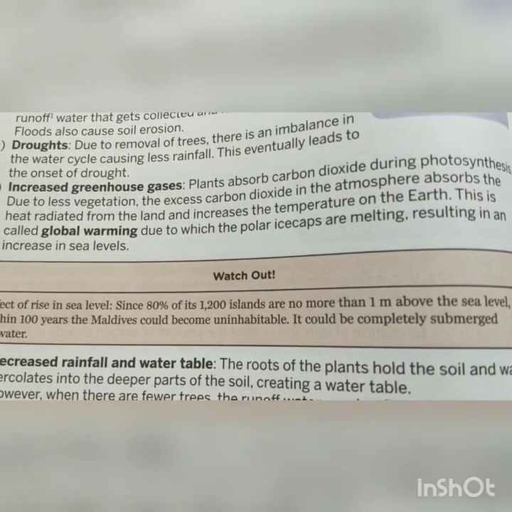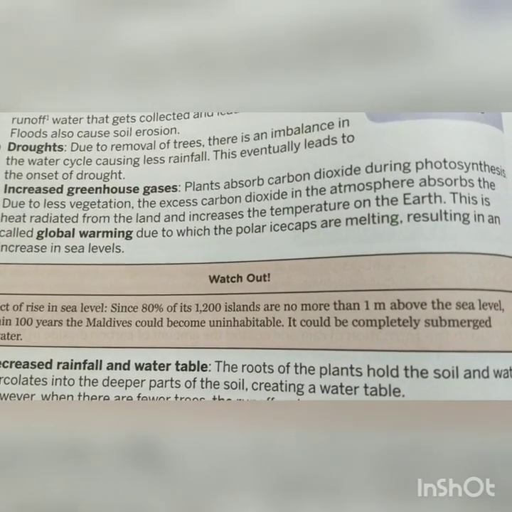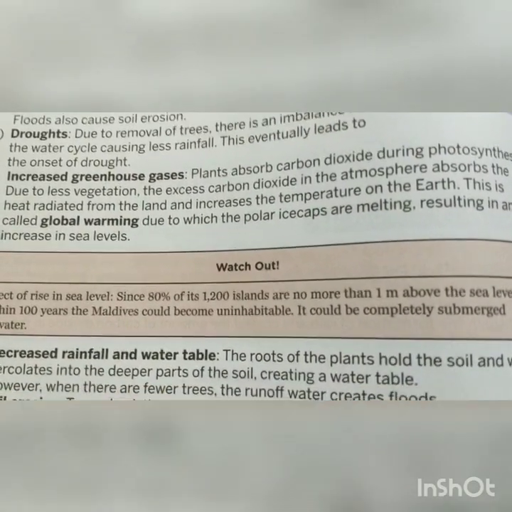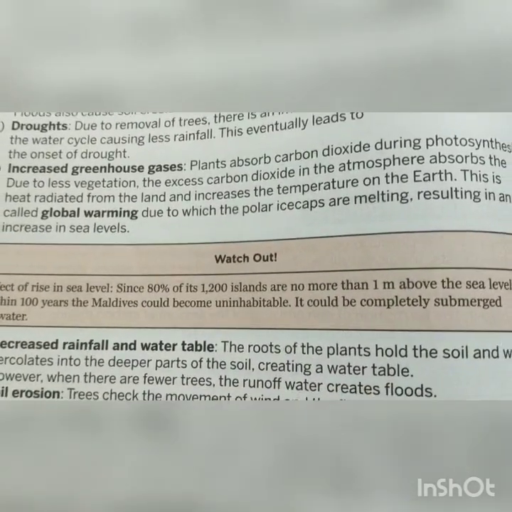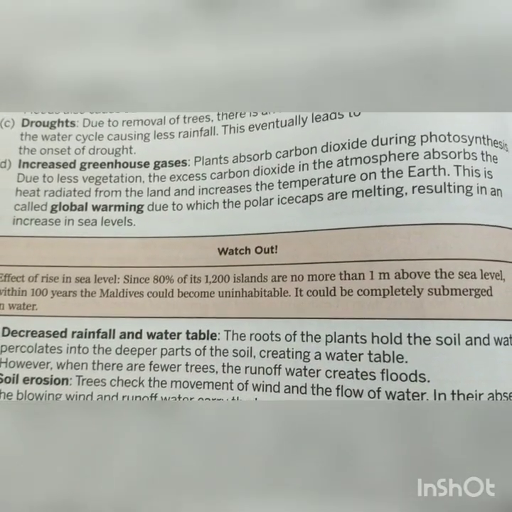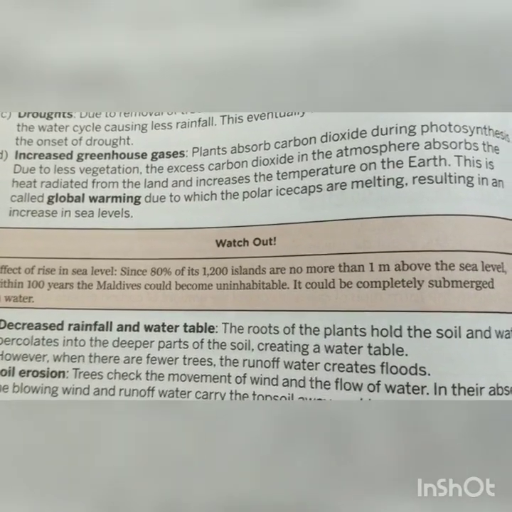And when global warming is caused, it melts the ice from the mountains or from Iceland, and that results in the increase of the sea level.